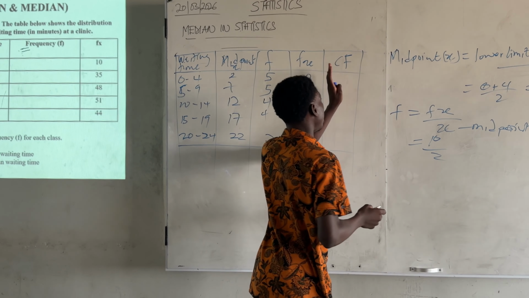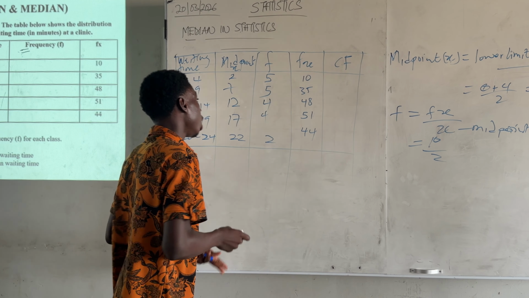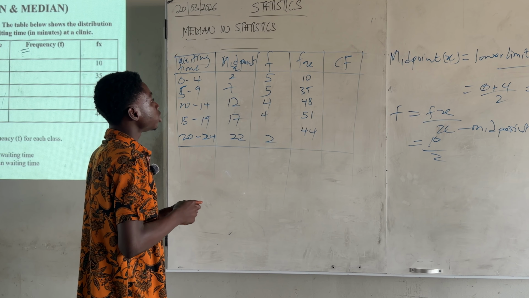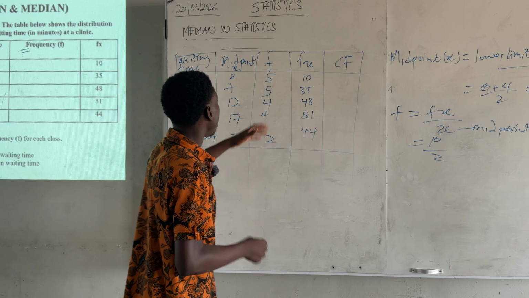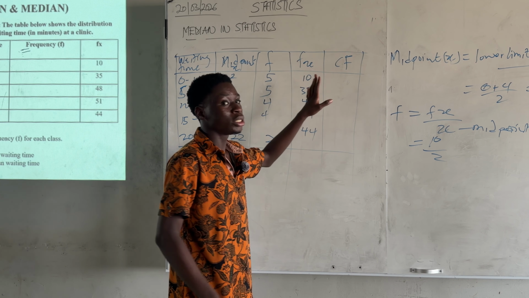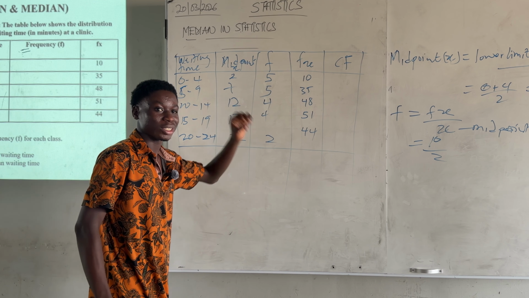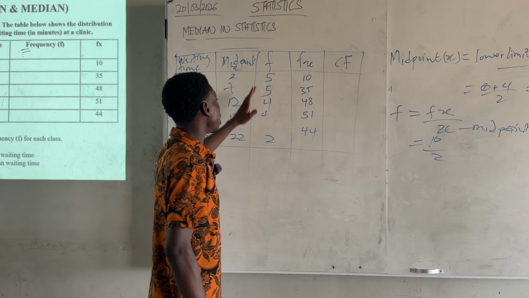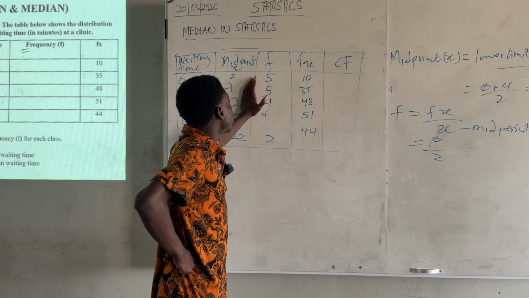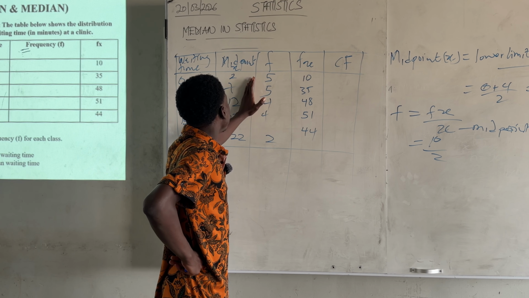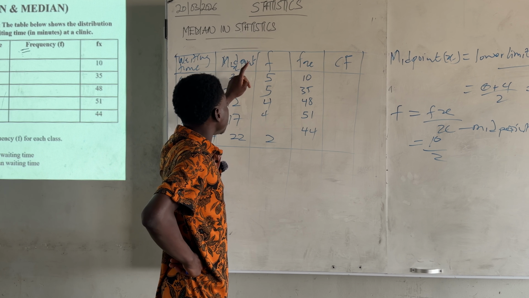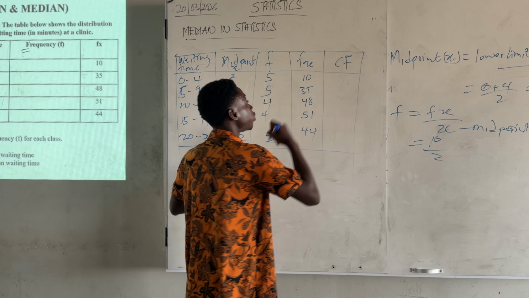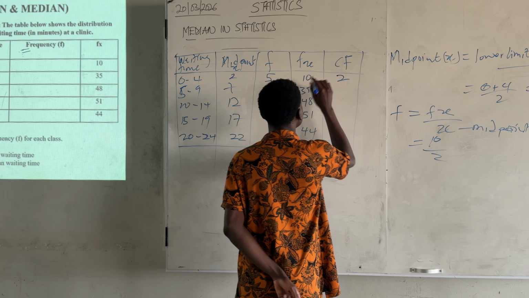And we are coming to find the cumulative frequency. I'll use the less than method for the cumulative frequency. The first principle is that the first frequency is equal to the first cumulative frequency. That's 5.